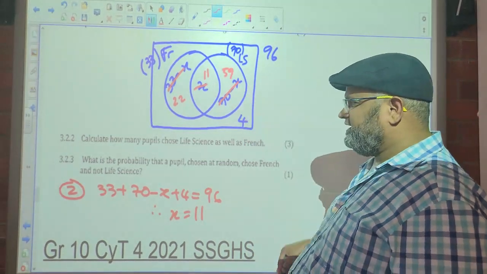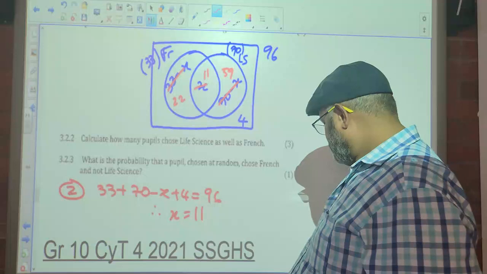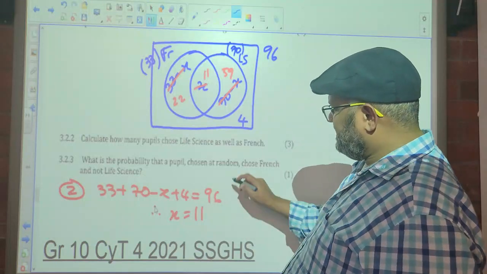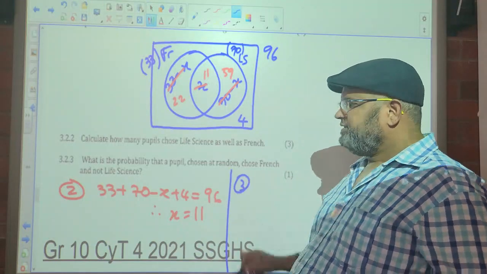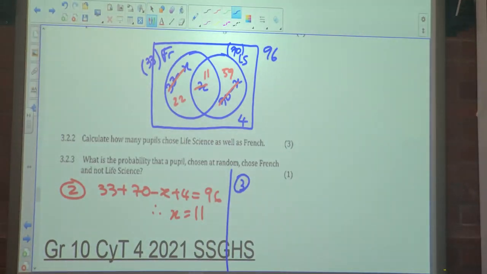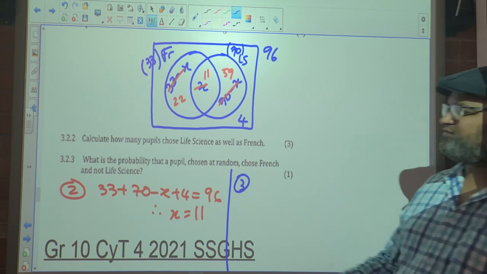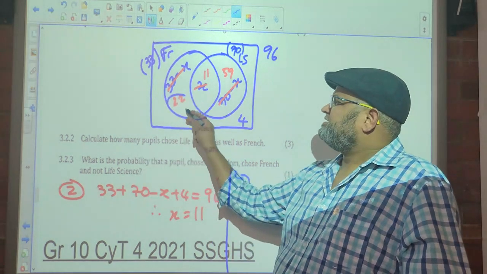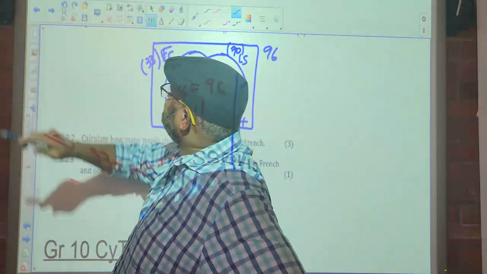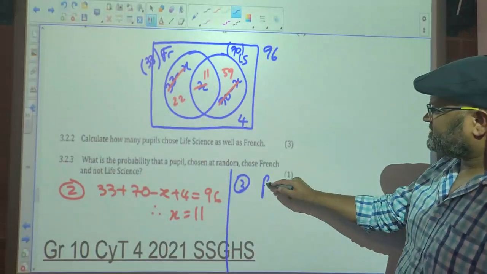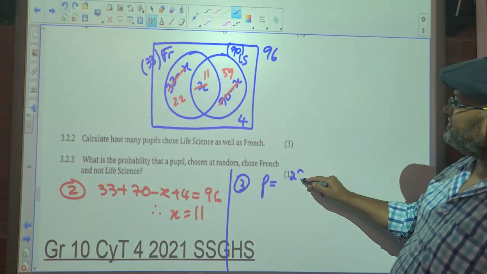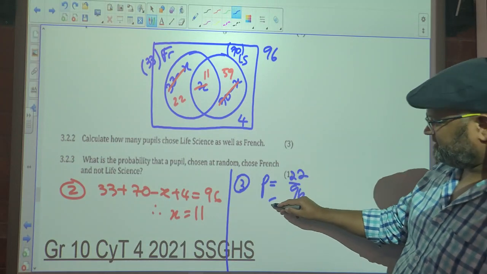Okay, I would normally have redrawn it if needed. Number 3. What's the probability that a pupil chosen at random chooses French and not life science? So how many chose French and not life science? 22. Can you see that, people? So the probability is going to be 22 over 96.